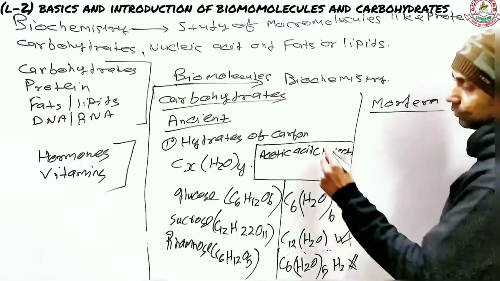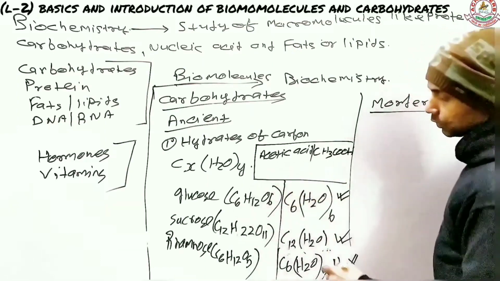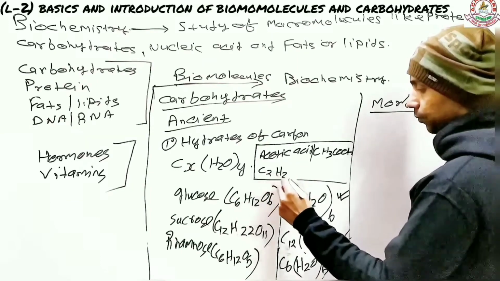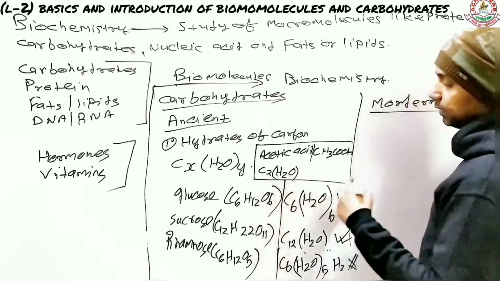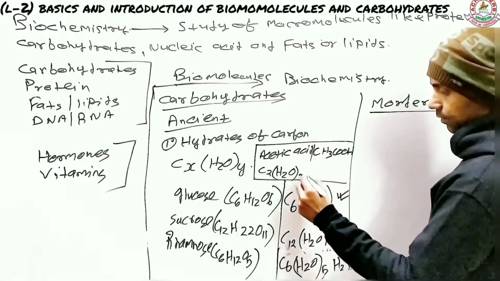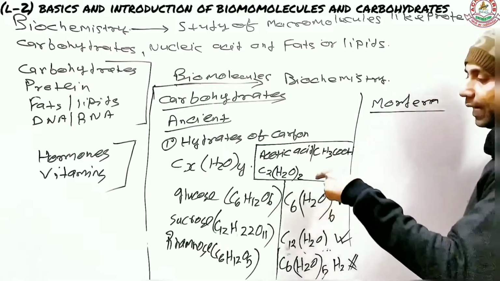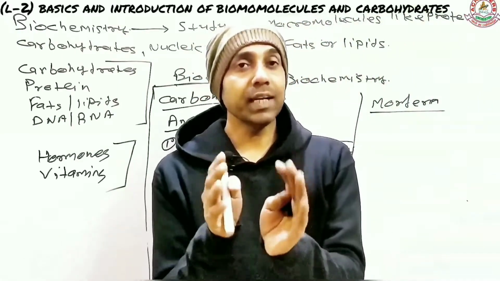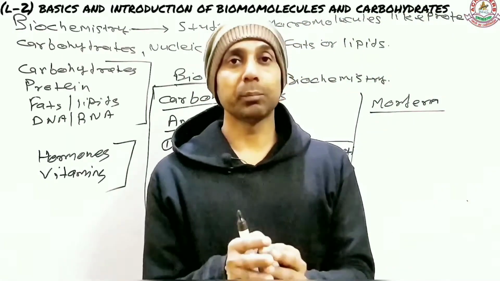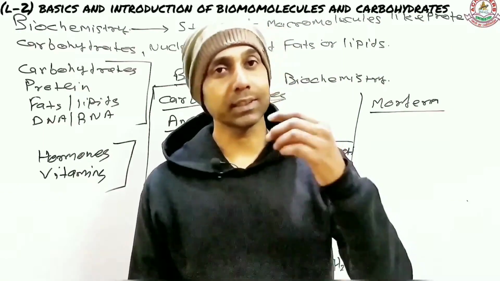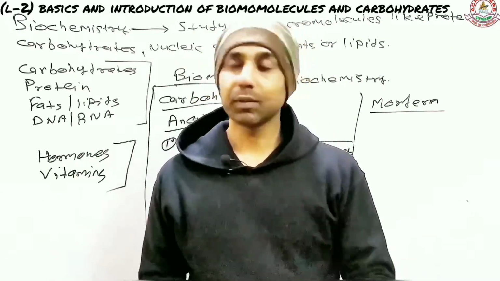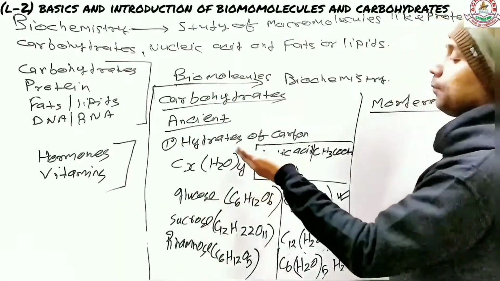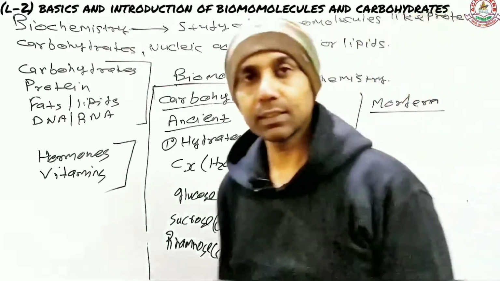That is C2H4O2, which can be written as C2(H2O)2. So acetic acid is a compound that doesn't belong to carbohydrates, but it still follows the CxH2Oy definition. Ultimately the ancient definition comes out to be nothing but a disaster.